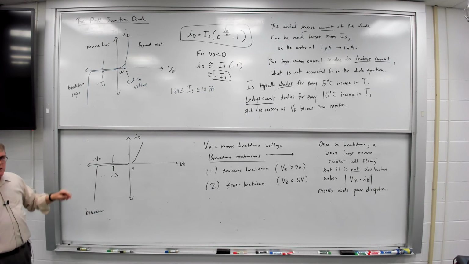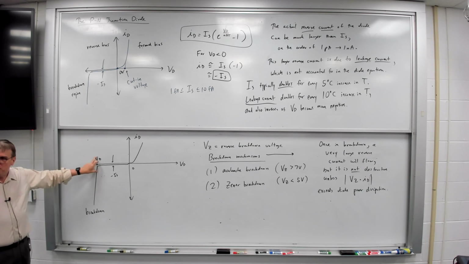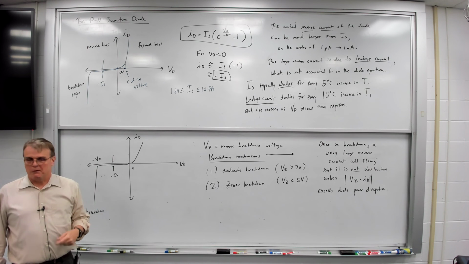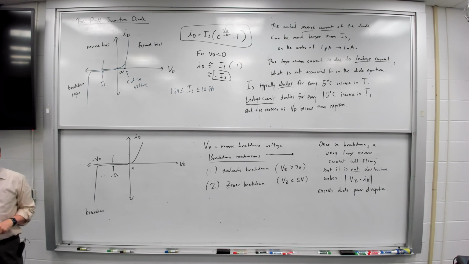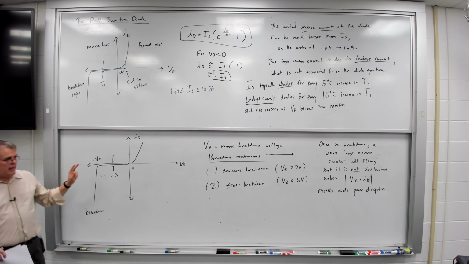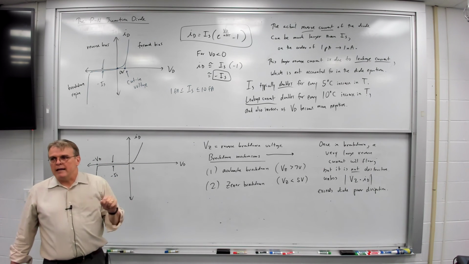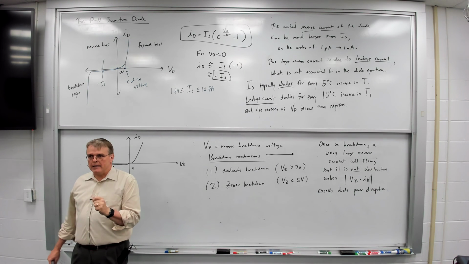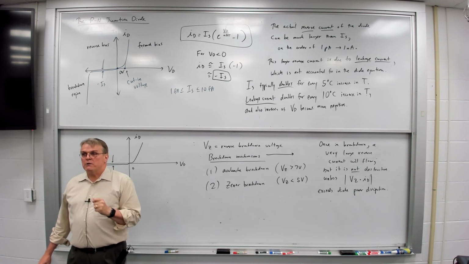This leads to a whole interesting type of component we'll talk about later called the Zener diode, which is very useful for voltage regulation because it lets us set a particular value based on that breakdown value. We're going to be doing problems with that later on. So we're going to come back to this. But for now, we're going to move on and start looking at how we can do analysis in forward bias using the diode equation.